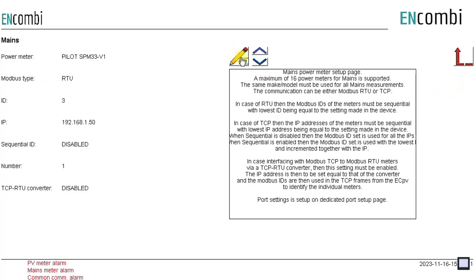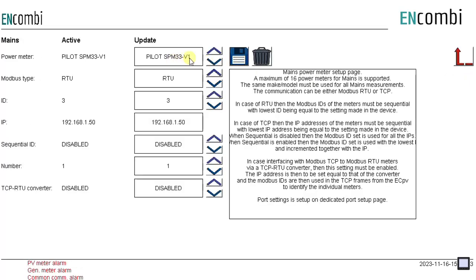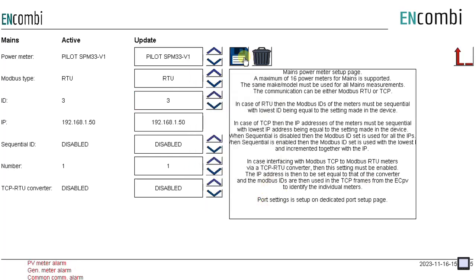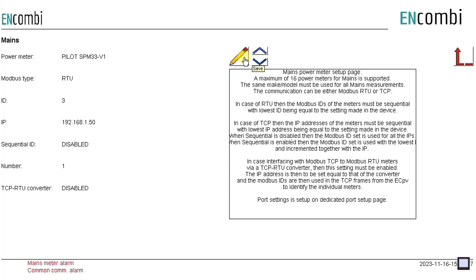Maximum of 16 power meters can be connected for grid communication. Now you have completed all 3 power meter connection settings for RTU communication for PV, genset and grid connection.